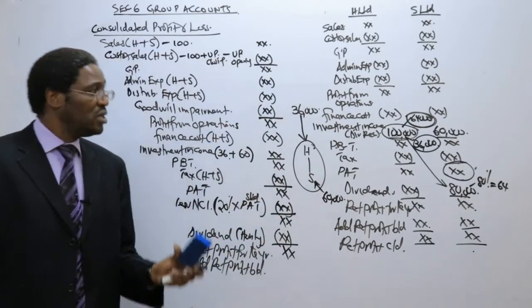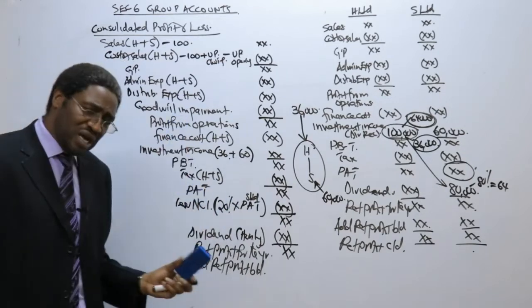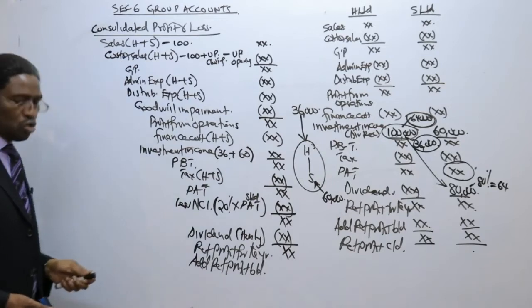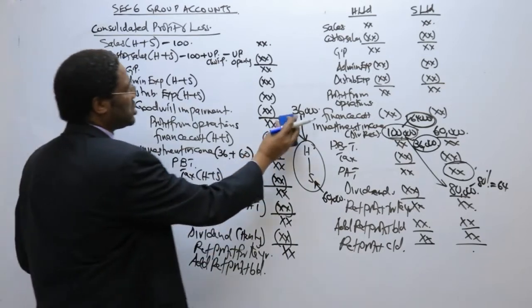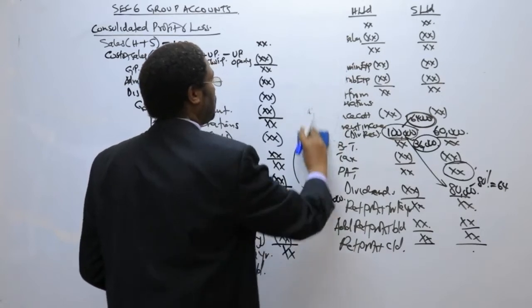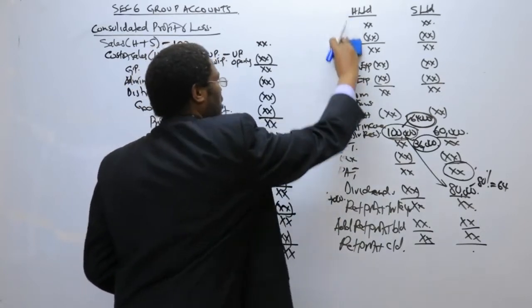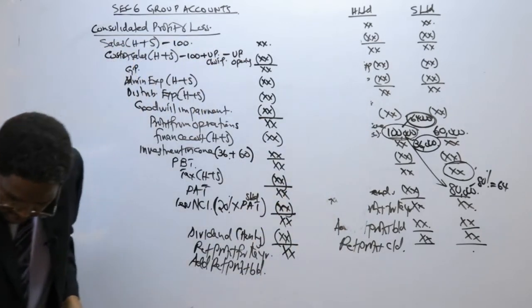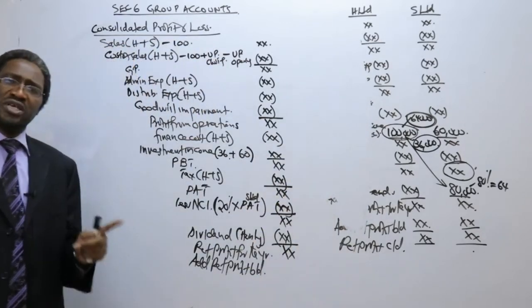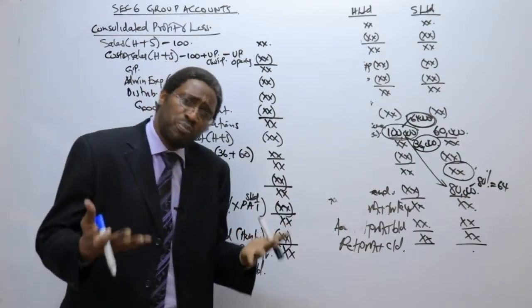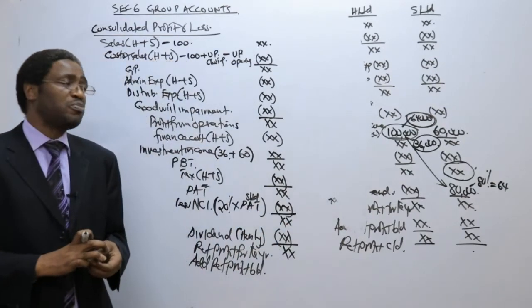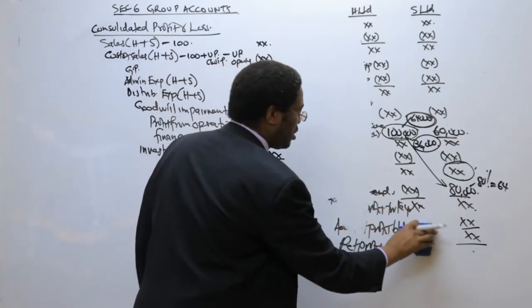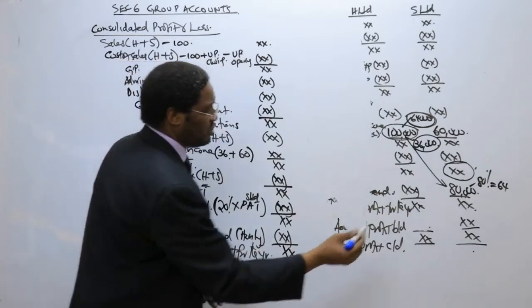And for you to determine the group retained profit brought down, what did we say? The one of the holding company, whatever the holding company is reporting as their retained profit brought down, for now let us assume it's 20 million.